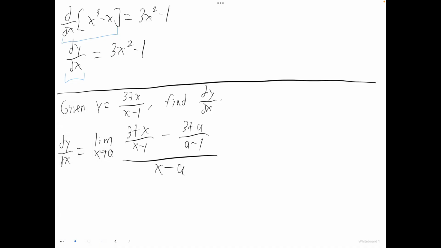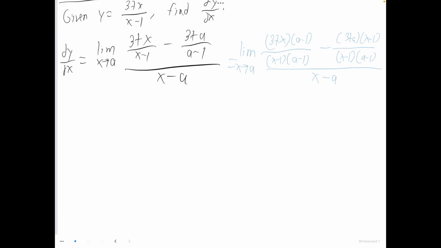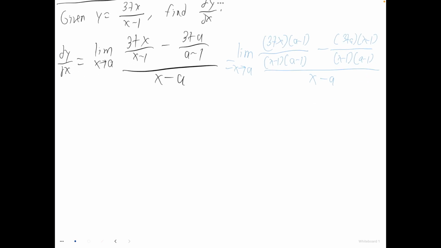So we're going to get a common denominator in the numerator to start with. So we have the limit as x goes to a of (3 plus x) times (a minus 1) over (x minus 1) times (a minus 1), minus (3 plus a) times (x minus 1) divided by (x minus 1) times (a minus 1), all divided by x minus a. So we're just cross-multiplying to get a common denominator.